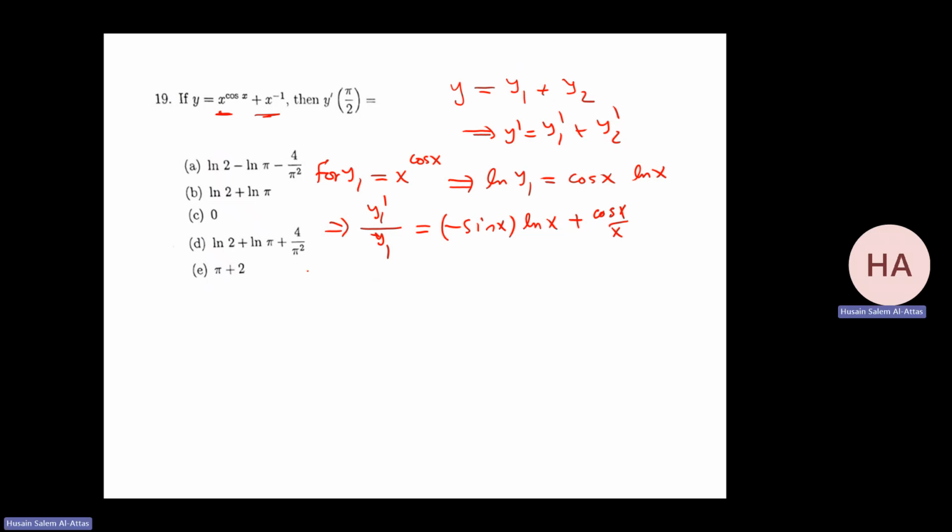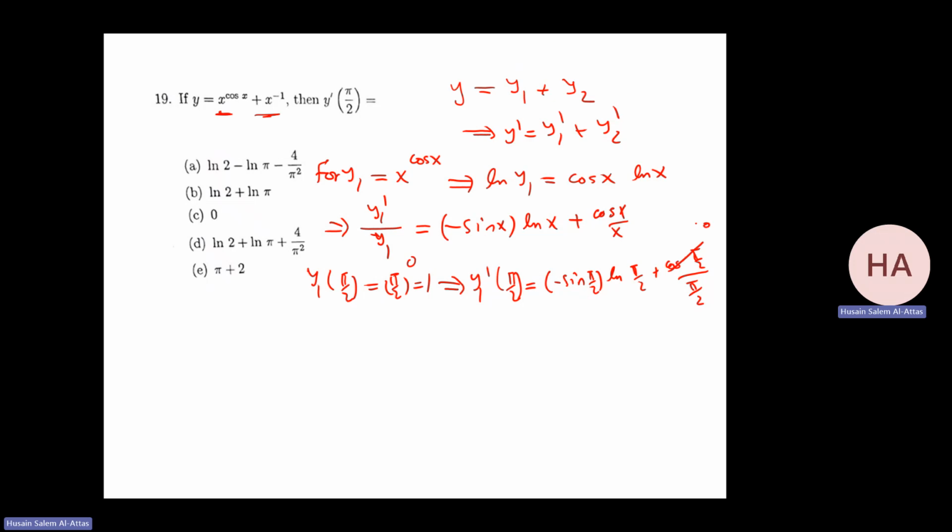So for y1, what is y1 at pi over 2? It will be pi over 2 to the power cosine pi over 2, which is 0, so it will be 1. So y1 prime at pi over 2 will be minus sine pi over 2 ln pi over 2 plus cosine pi over 2 over pi over 2.